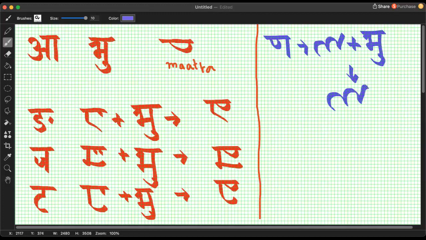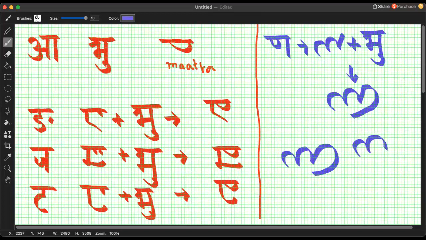And you observe from here, I will make a beautiful round shape, gradually bring it down and draw this straight. This is na. Sorry, I'll repeat. This na, you'll write it as it is. And here, you're making this curve and you're just bringing it down like this. Okay, this is na.